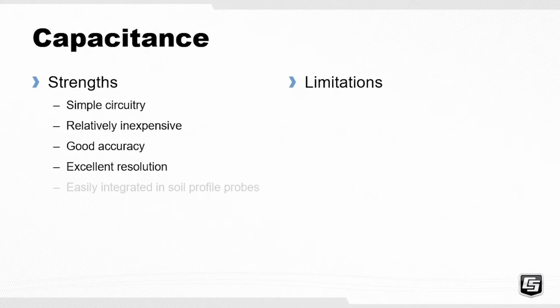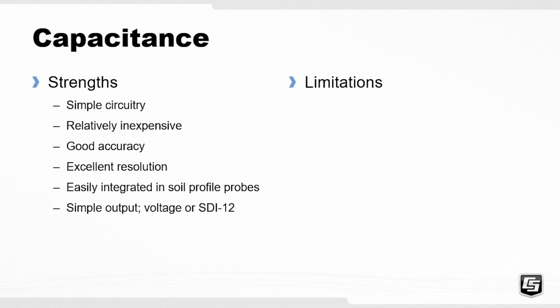Okay, so some of the strengths and limitations of capacitance methodologies. It's simple circuitry, which makes it typically relatively inexpensive. It has good accuracy and resolution, and often this is the most common method that's been integrated into soil profiling probes. It's usually a simple output, either voltage or SDI-12, which makes it easy to measure with a data acquisition system.